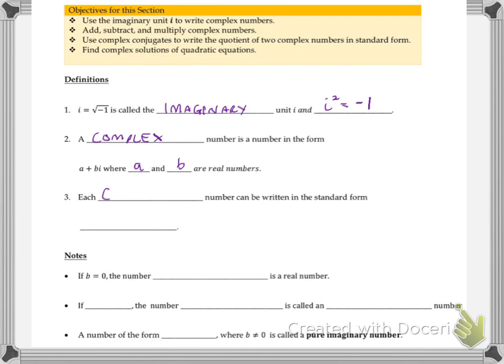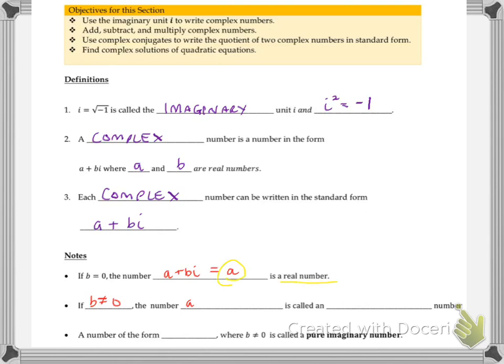Okay. And each complex number can be written in the standard form a plus bi, right? Well, if you think about this, if b is equal to 0, then a plus bi will just equal what? Very good, a. And that means this is a real number.